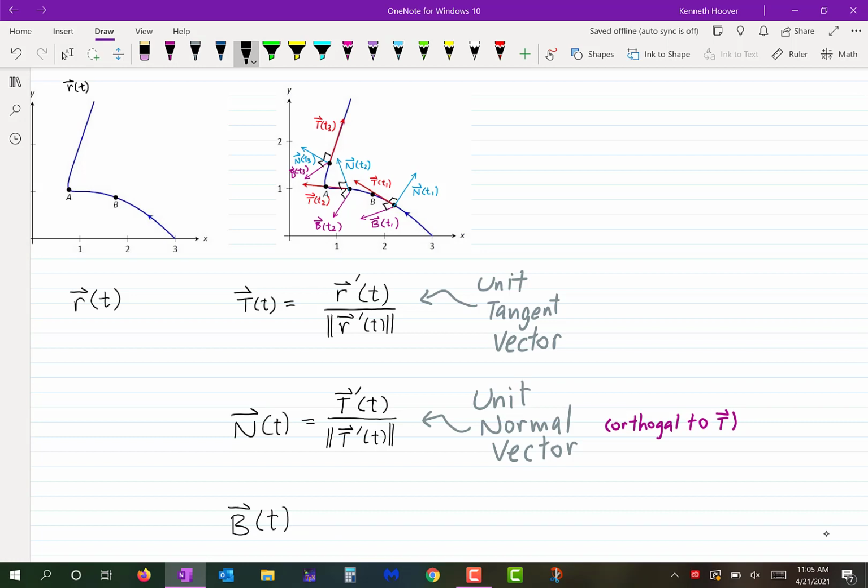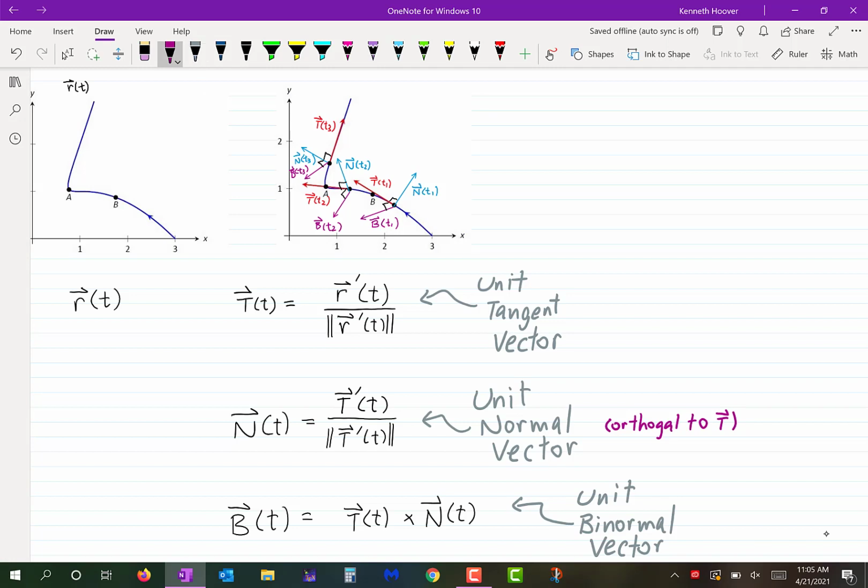It's actually pretty easy. It is simply the cross product of the tangent and normal vectors. The unit tangent vector crossed with the unit normal vector gives you the unit binormal vector.